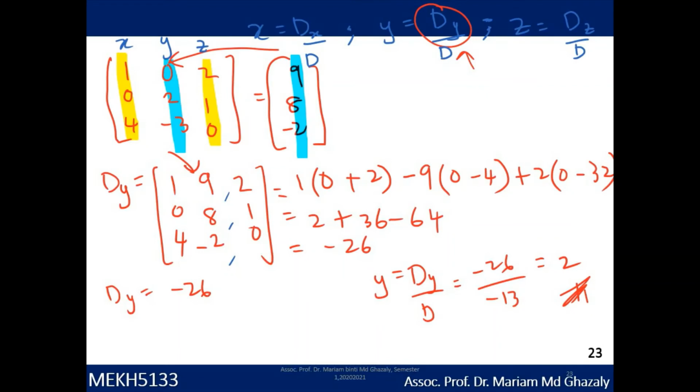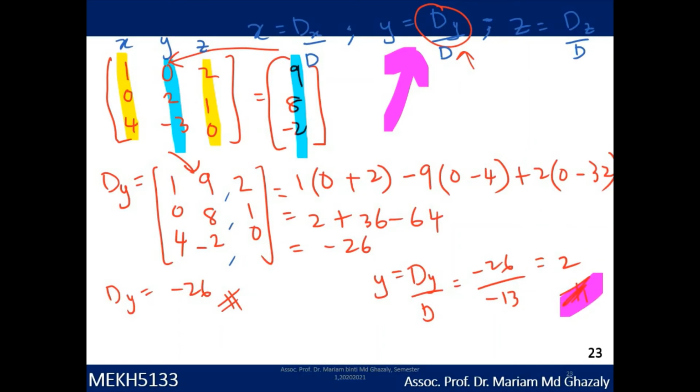When you solve for it, you will get dy equivalent to minus 26. So back again to the original equation here, you can calculate y is dy over d, so minus 26 over minus 13, you get 2.